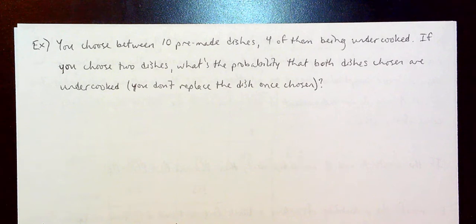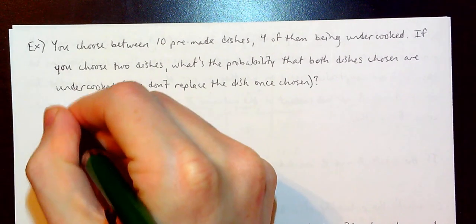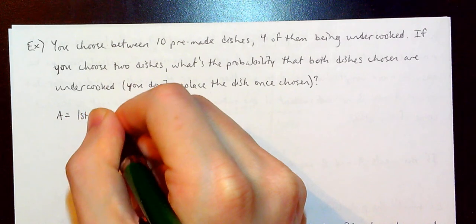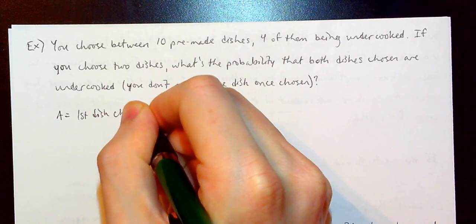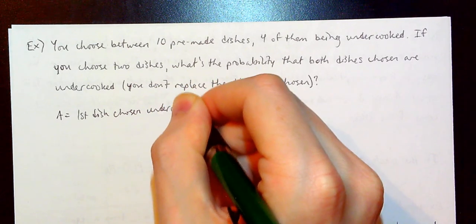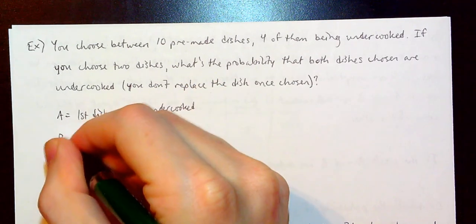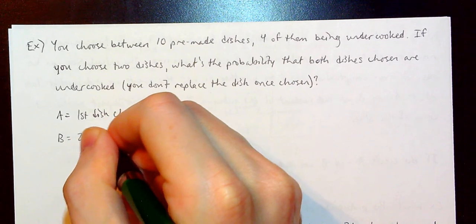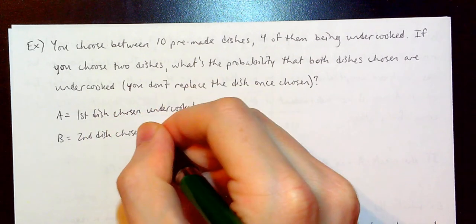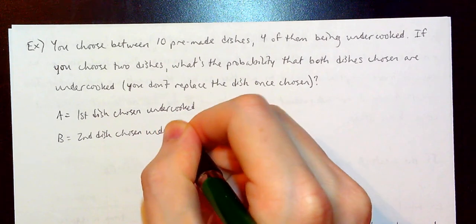So this is a case where the events, if you want to label them, A is first dish chosen is undercooked, and then B is second dish chosen is undercooked.